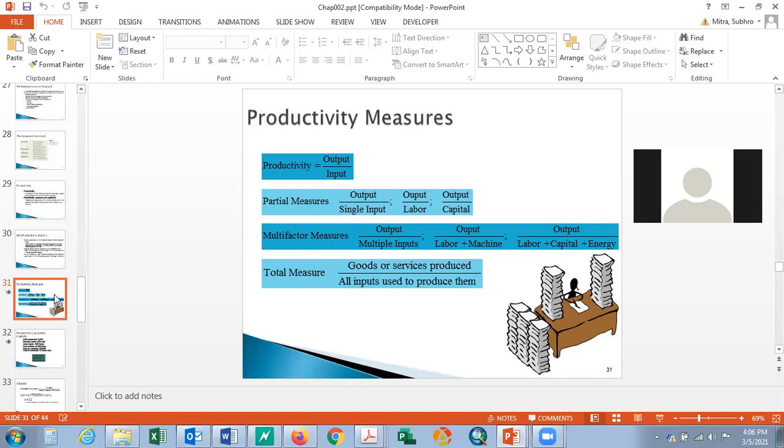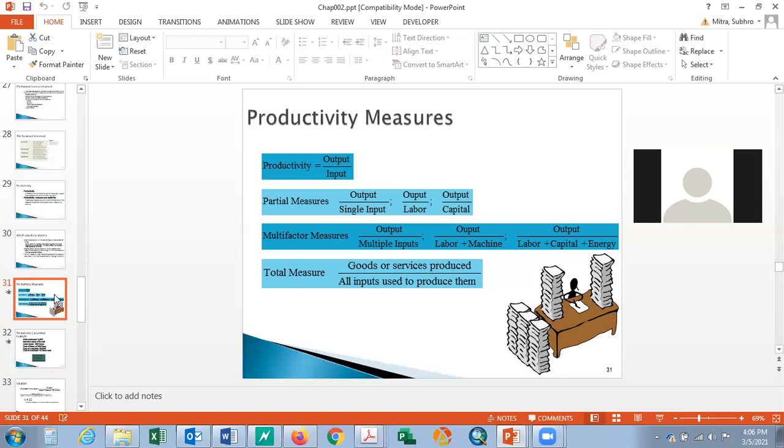Or if it is a multi-factor productivity, each of these inputs are converted into dollar value, and we sum them up in the denominator. The output is also in the dollar value, and we get a ratio. So if it is in the dollar value, we'll get a ratio. The dollar will cancel out. If it is in terms of units of item being produced, then it will have a specific unit of measurement. So these are the two main differences.